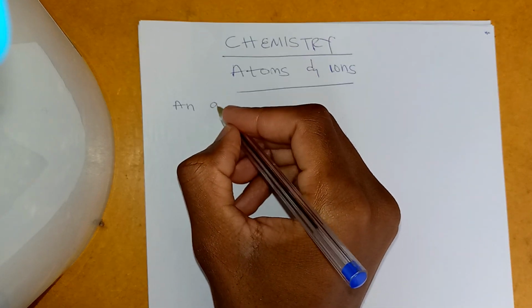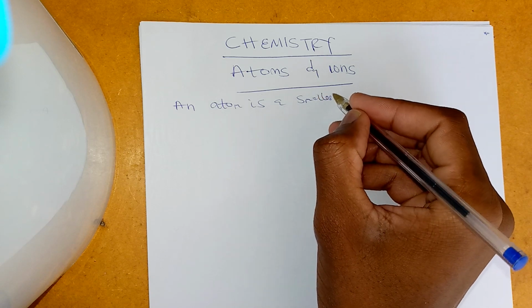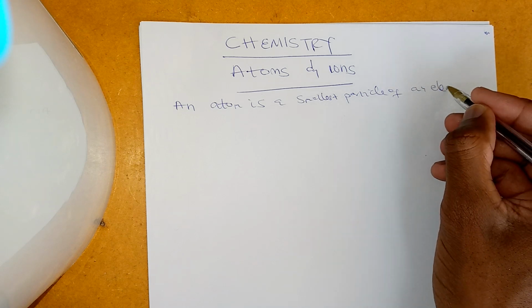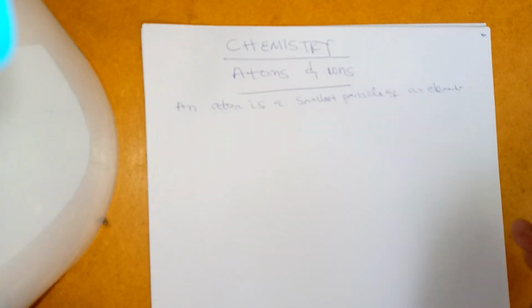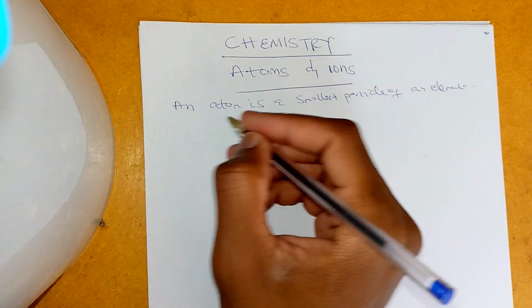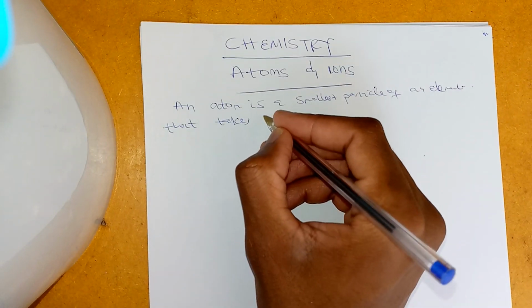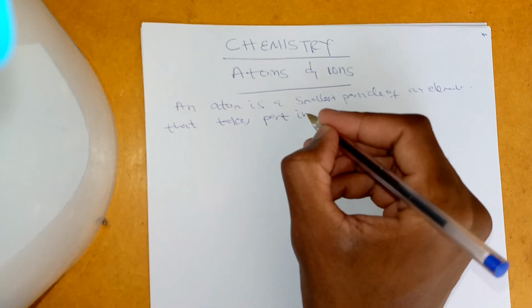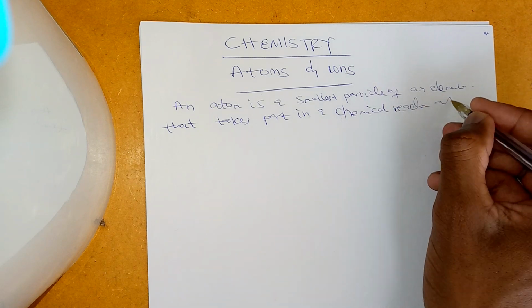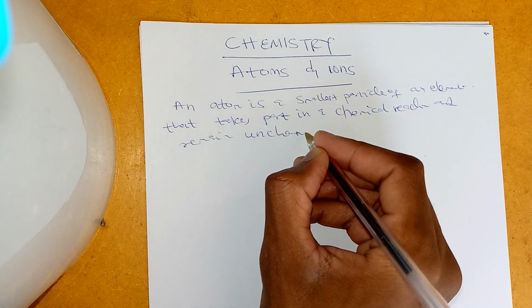Okay, so an atom. Let's start by defining a simple definition. You say an atom is the smallest particle of an element that takes part in a chemical reaction and remains unchanged.